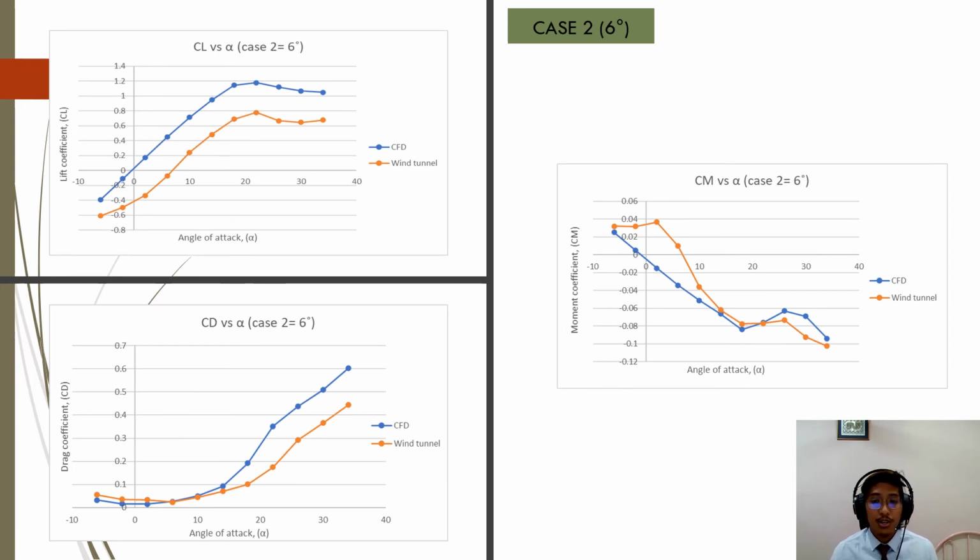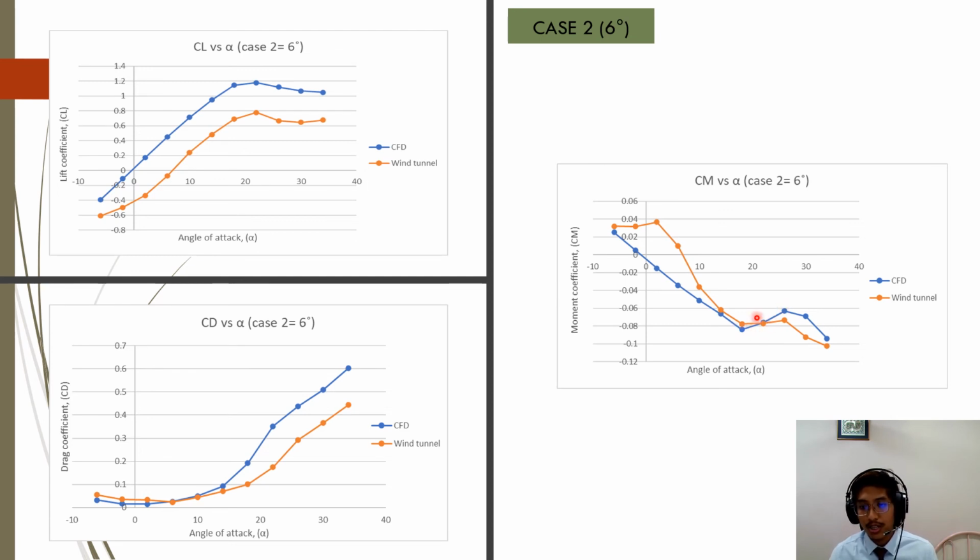Next one we go to the pitching moment graph. We can see that both CFD and wind tunnel have a negative slope, and they also have the same angle of attack at 18 degrees, where both had an increase.